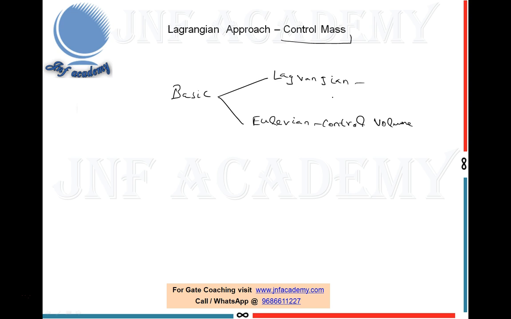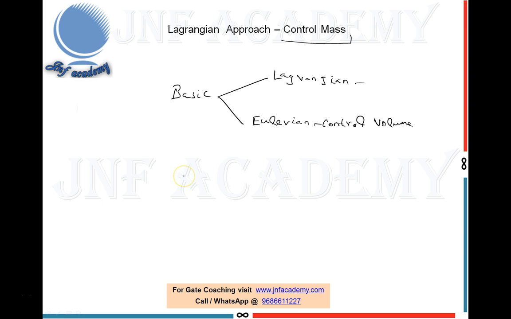Then similarly, we'll try to understand how Eulerian has approached it, because both of them wanted to know what is the change in velocity, or what is the change in any parameter for that matter, for a fluid particle when it flows from one place to another place. But both of them have taken different approaches. Let's understand first what is the Lagrangian approach, then the Eulerian approach. From there we can move further to evaluate it mathematically.